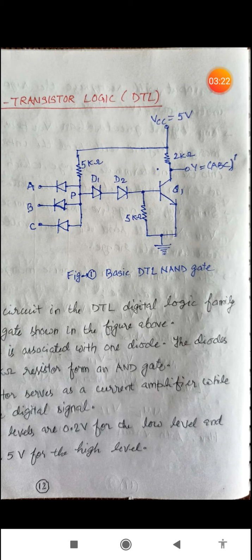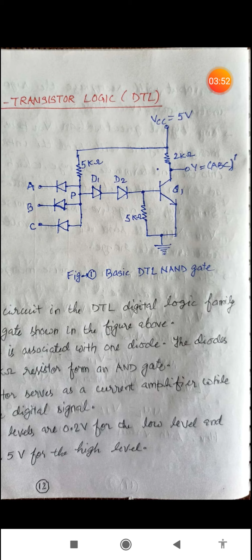Now come to the second condition. If all the inputs of the gate are high, then the transistor is driven into the saturation region. How? The voltage at point P is now equal to VBE plus the 2 diode drops across diodes D1 and D2, that is minimum 0.7 volt for each conducting, so 0.7 into 3, 2.1 volt.